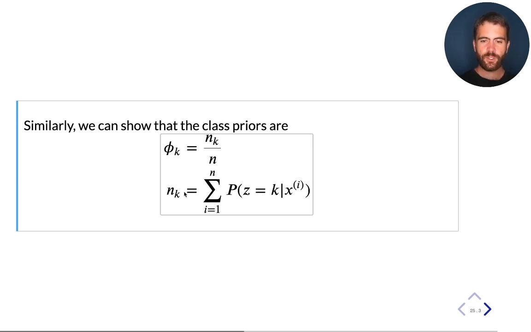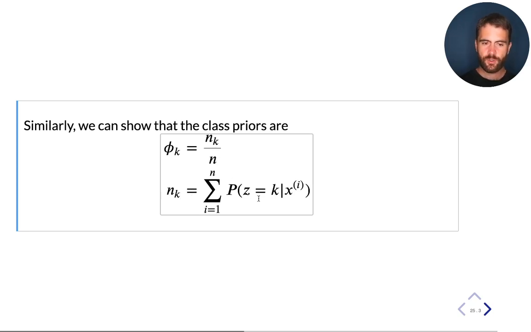We simply count the sum of all the weights, the sum of all the probabilities that tell us whether each point belongs to class K, and this is what becomes our numerator, and then we have the same denominator.